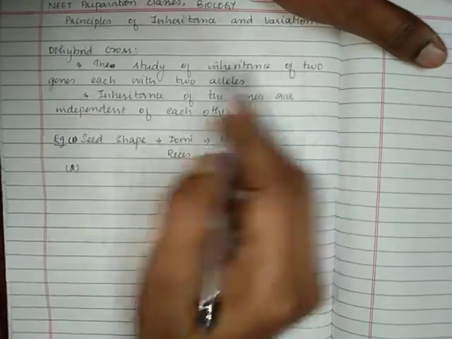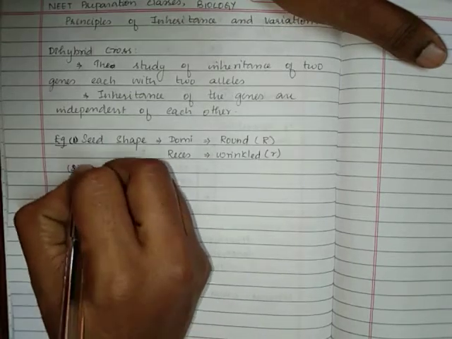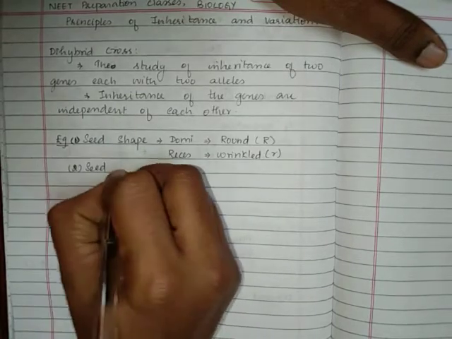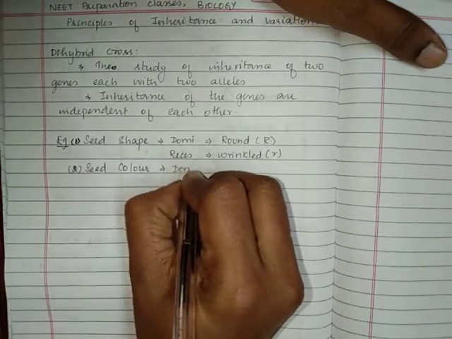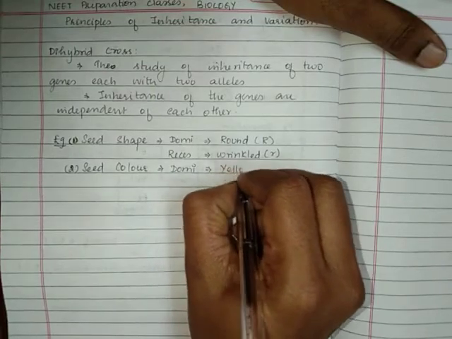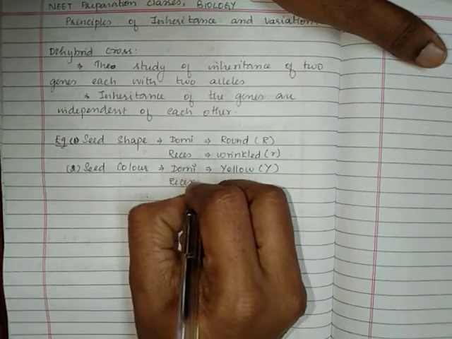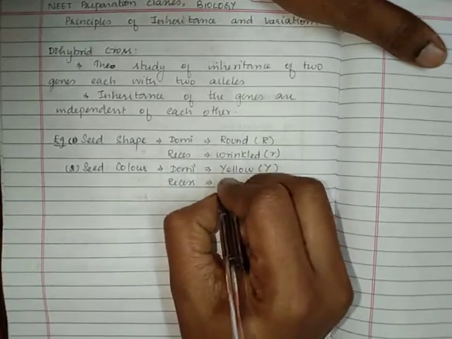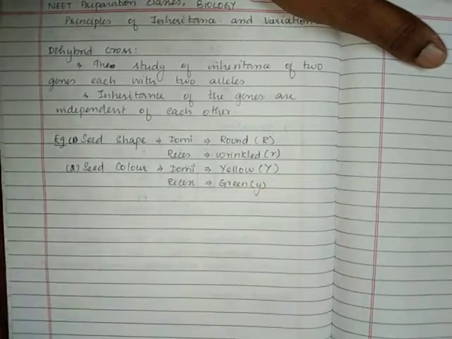So we are going to study inheritance of two genes. So ஒரு gene seed shapeக்கான gene, இன்னொரு gene for seed color. Seed color dominant character is yellow represented by capital Y, and recessive character is going to be green represented by small y.